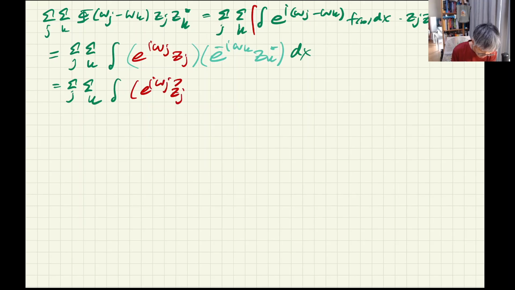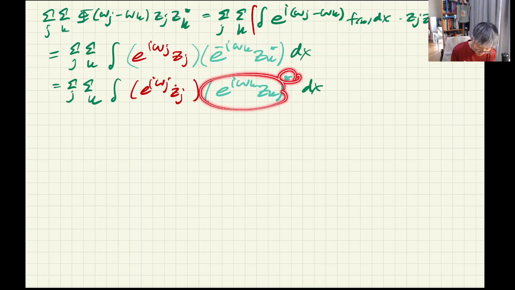But I can also write it as cj here, because e to the i omega k zk star, I can write that as a whole thing star. This minus term is just the complex conjugate of this term, and the complex conjugate of the product is the product of the complex conjugates. Okay, so now you can see that you have the double sum of the integral.